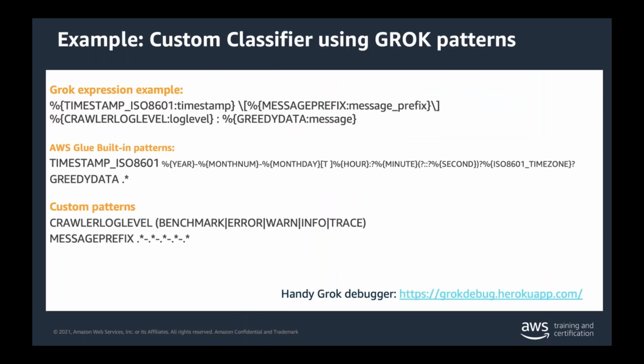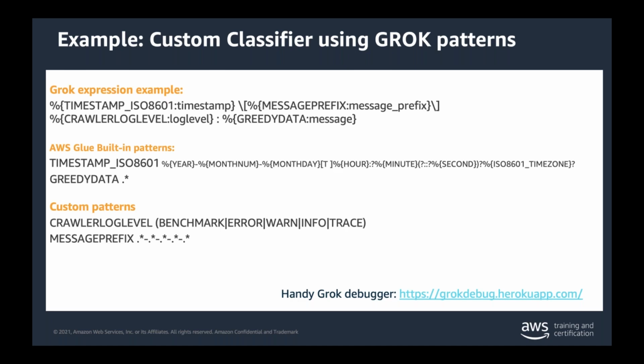All right, so Grok, as I mentioned, is a tool that is used to parse text data based on the matching Grok pattern, which is basically a set of regular expressions that parses data one line at a time. If you're not aware of Grok, here's a snippet showing how it looks. In the first two lines of the slide, you can see how it works.